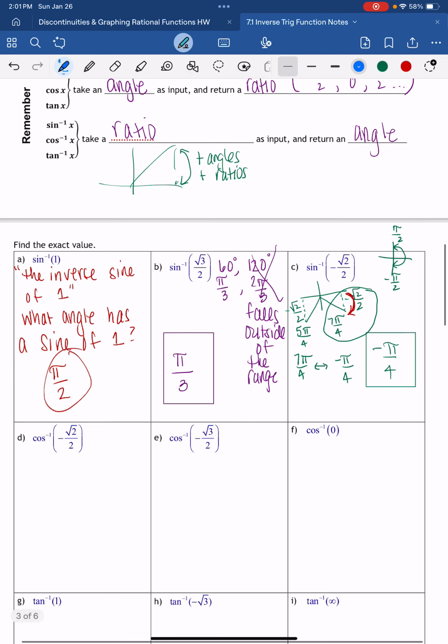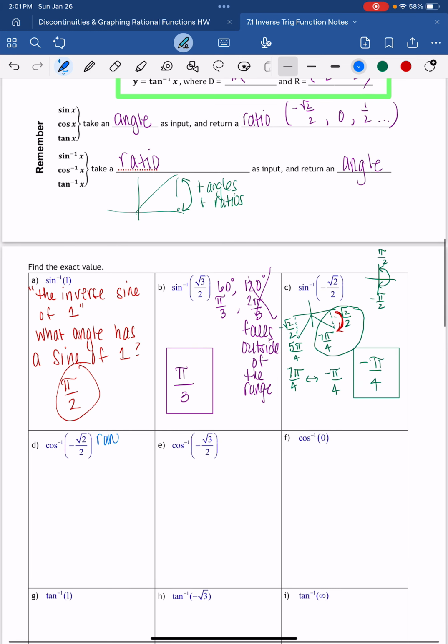Okay, inverse cosine of negative root 2 over 2. If you look at the range of the inverse cosine, the range is from 0 to pi. I'm giving you a negative input. So who's got a cosine of negative root 2 over 2? Okay, well, cosine is x.